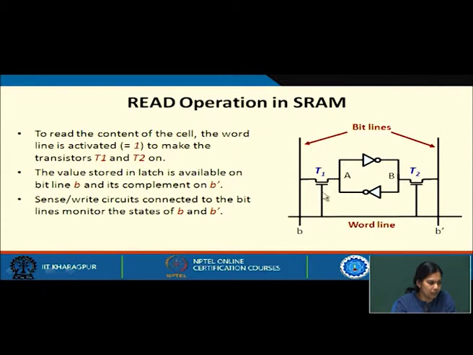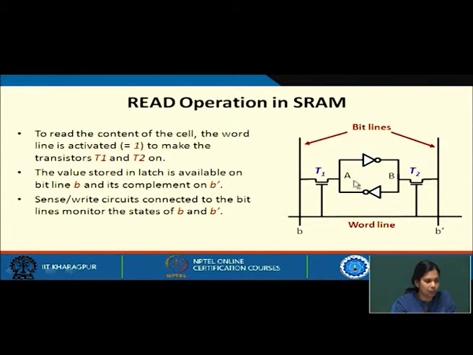So, if we activate this word line, then what will happen? This transistor T1 and this transistor T2 will be on. If T1 and T2 are on, then the value which is stored in A and B, that is in the latch, will be available on bit line B and on bit line B bar.